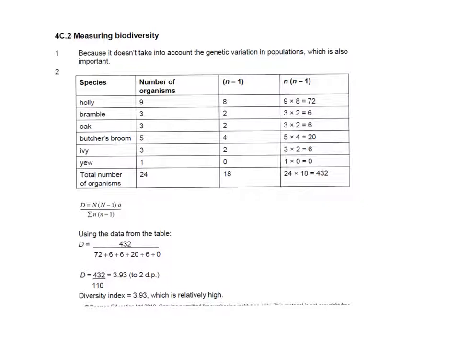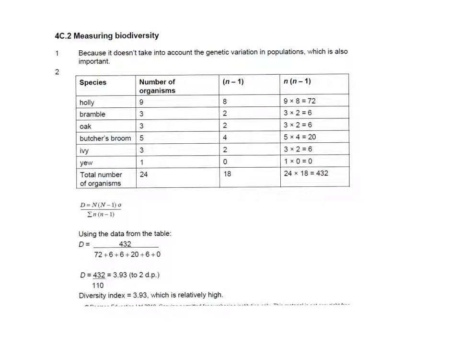Question 2, you are given a table for some species and the number of organisms collected from each species, and you are asked to calculate the diversity index. So first, the number of organisms means the small n. Total number of organisms means the capital N. Then you need to find n minus 1 and multiply it by n again, to find n times n minus 1 for each species, and then find the sum of all.